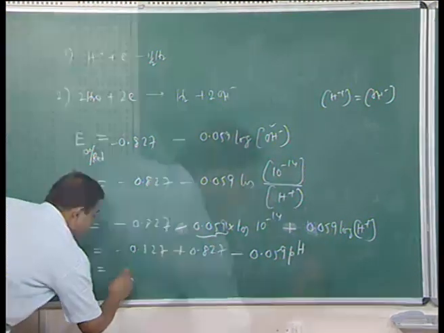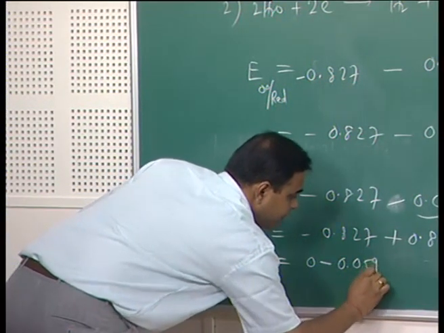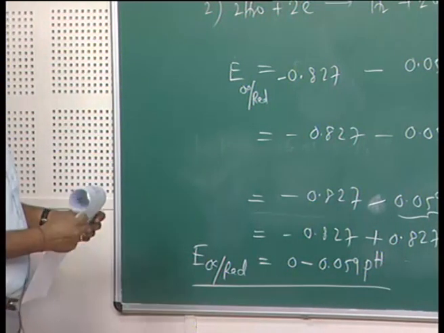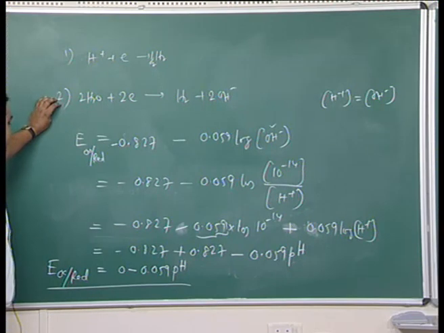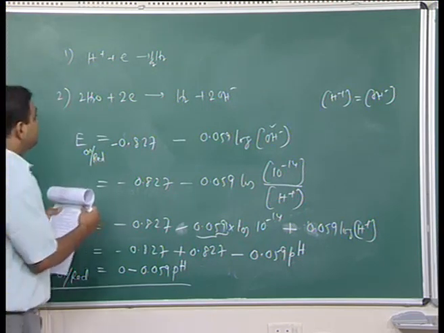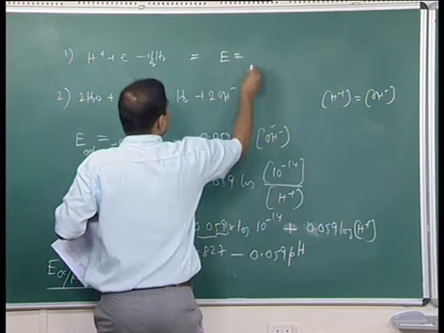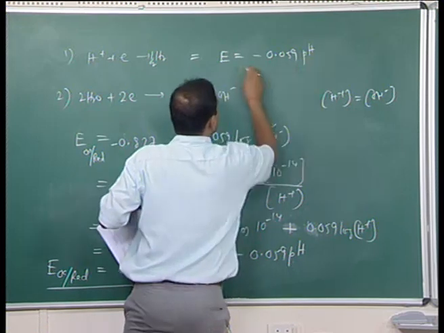E would become 0 minus 0.059 pH. Now this is the equation for this reaction, and for the other reaction also we have seen E equal to minus 0.059 pH.